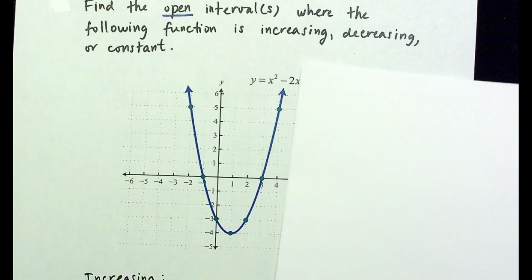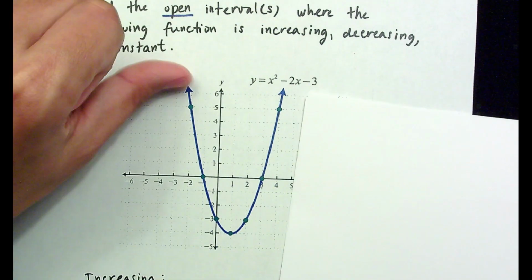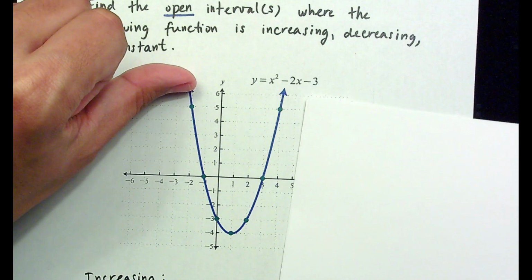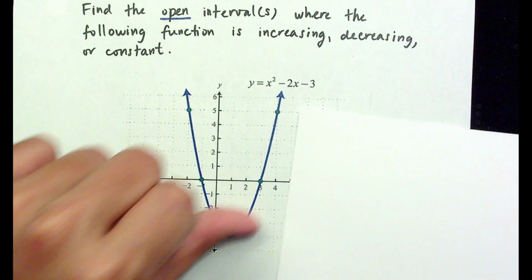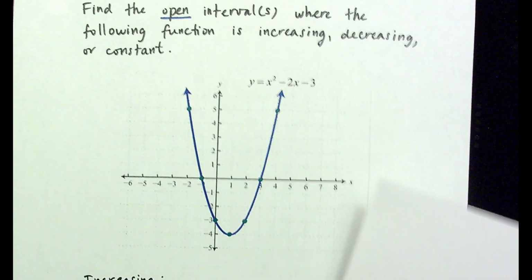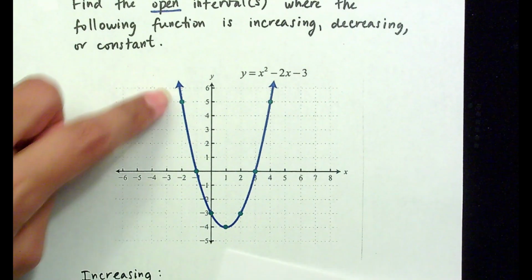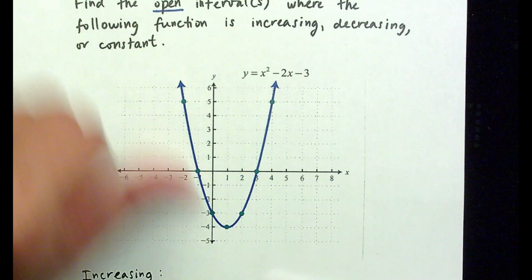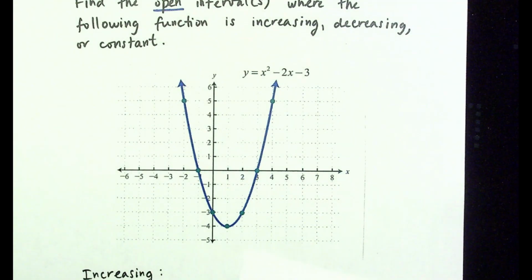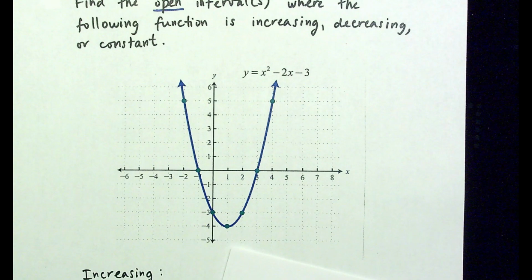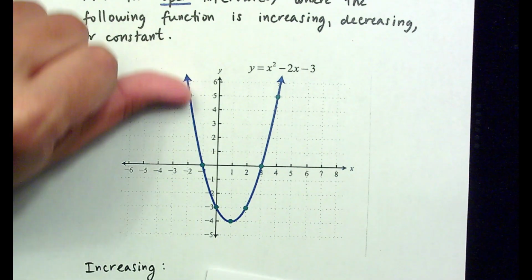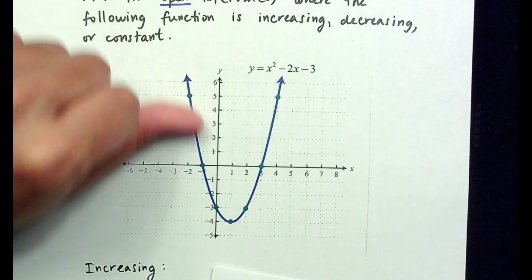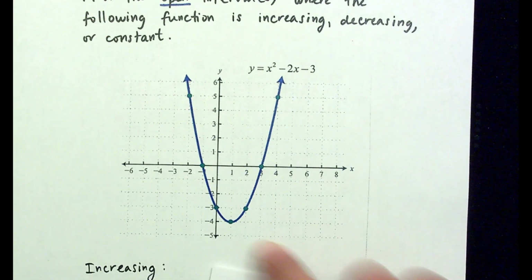If we're tracing this graph from left to right, we actually have to go down with a pencil and then up. Ignore those arrows. It's just the way you would trace this with your pencil if you go from left to right. So the curve would go down up to this point.